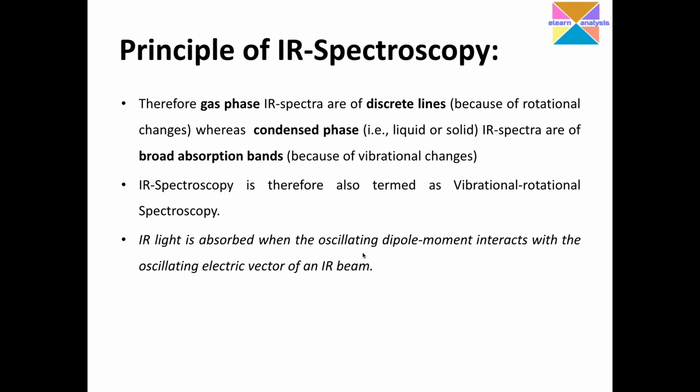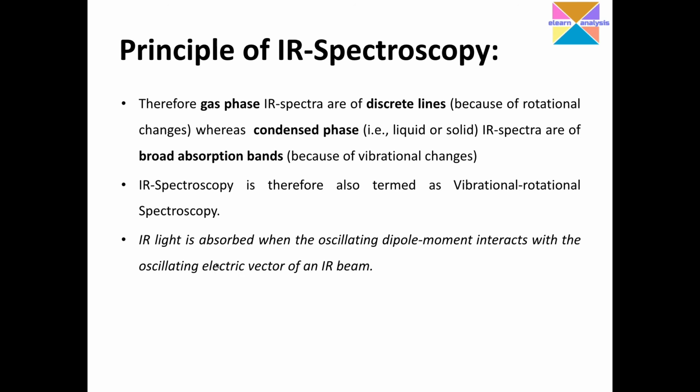IR light is absorbed when an oscillating dipole interacts. So, for a molecule to be IR active, the molecule should have a dipole moment. Because of this dipole moment, an oscillating dipole moment is generated out of this molecule, which has a dipole character. And that oscillating dipole moment generated from the molecule tends to interact with the incoming radiation, which is nothing but the infrared radiation, and in particular the electric force field.